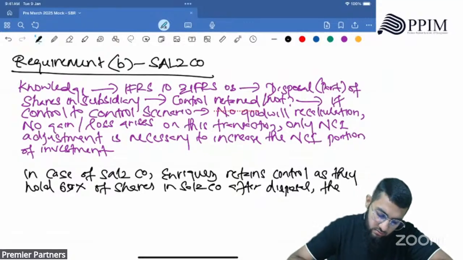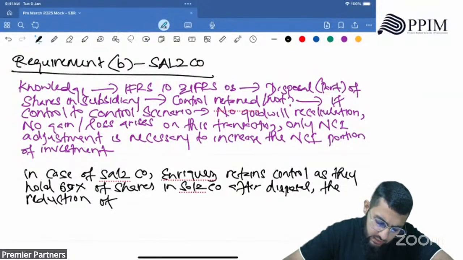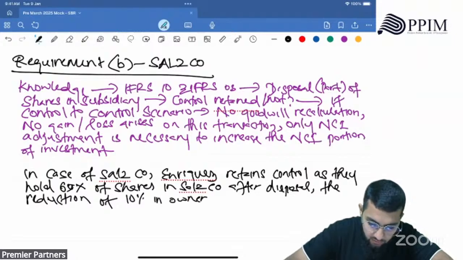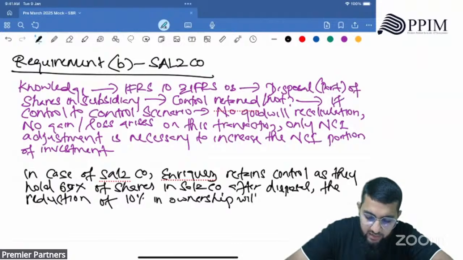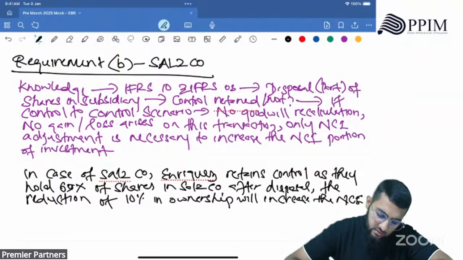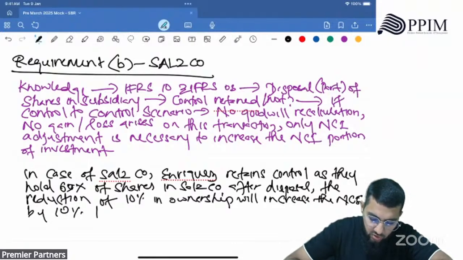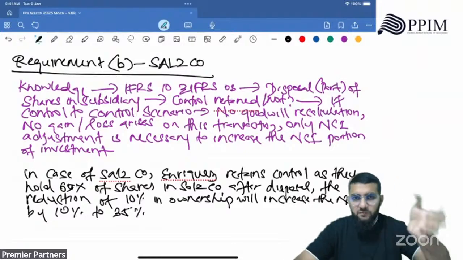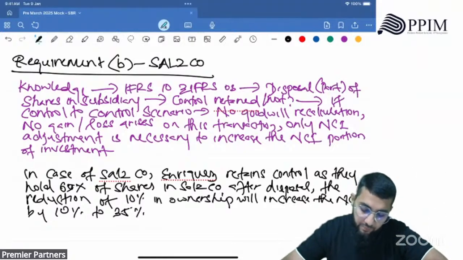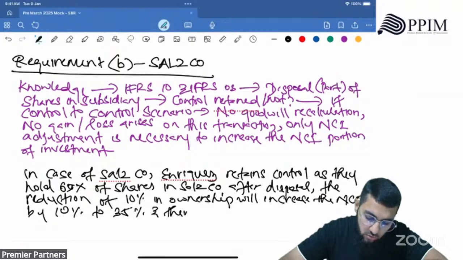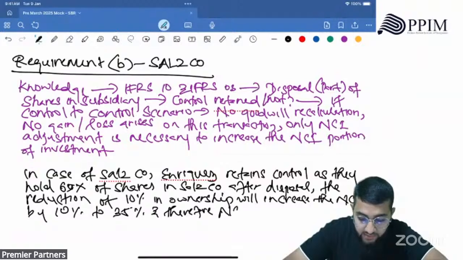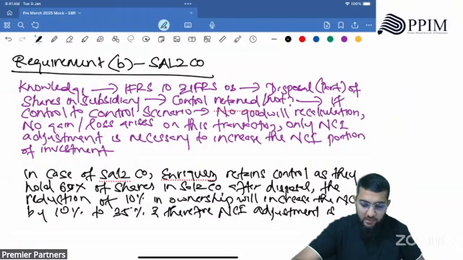The reduction of 10% in ownership will increase the NCI, the non-controlling interest, by 10% to 35%. By 10%, meaning 25 becomes 35%, right? And therefore an NCI adjustment is necessary.